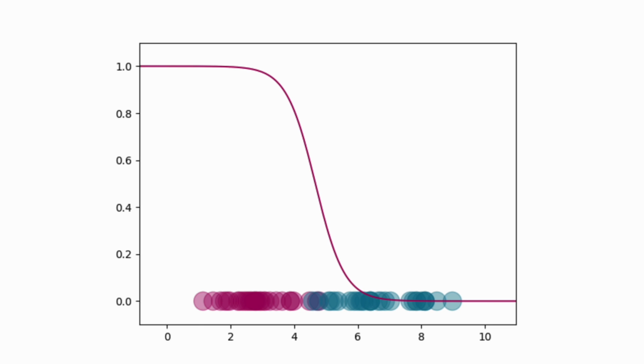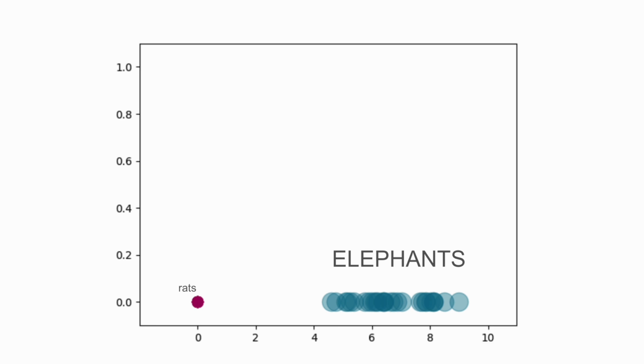If instead we were trying to distinguish rats from elephants using only their weight, there would be no need for probabilities. No elephant can weigh as little as a rat, and no rat can weigh as much as an elephant. Since we can completely determine from a given weight which animal this is, there's no randomness and thus no need for probabilities.